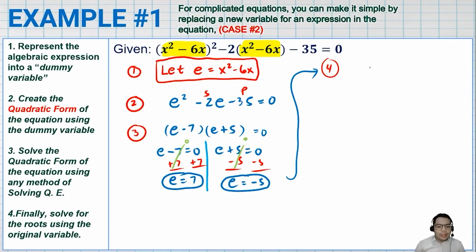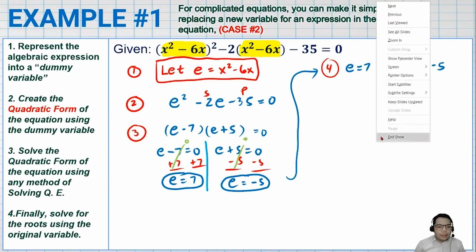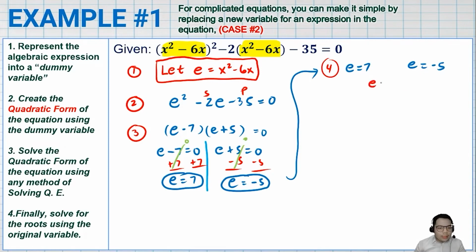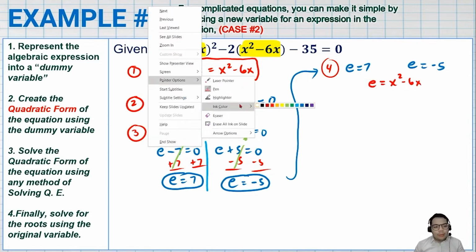So, sulat ulit natin yung dalawang values ni E na nakuha natin. E is equal to 7 and E is equal to -5. So in this case, we'll just need to replace this one. Alalahanin lang natin, E is always equal to x squared minus 6x on this equation or example.